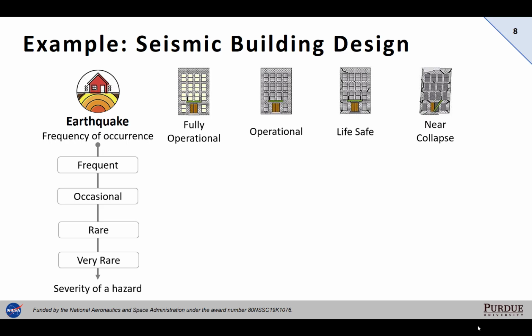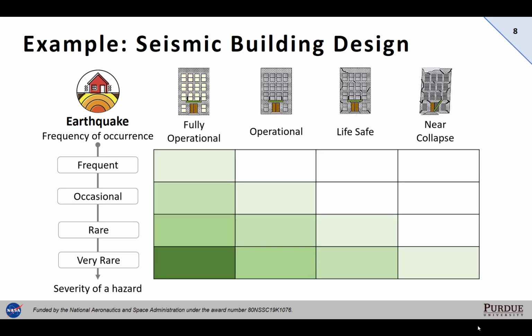Life safe, as people are not at risk, and near collapse. Having those two components, I can build a matrix of performance where I can define basic objectives for my design. I want the building to remain fully operational during a frequent event and to be near collapse with the very rare and strong one. Anything beyond that is not acceptable. But not all buildings are equal.